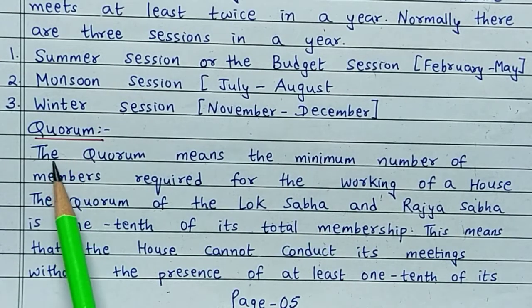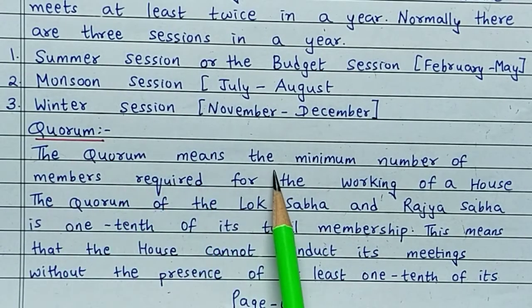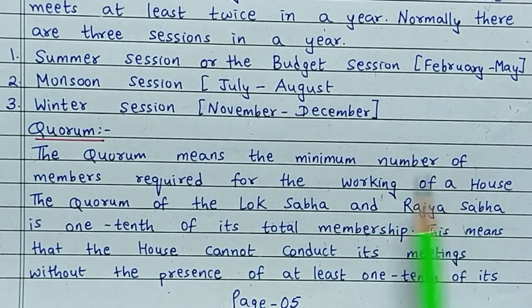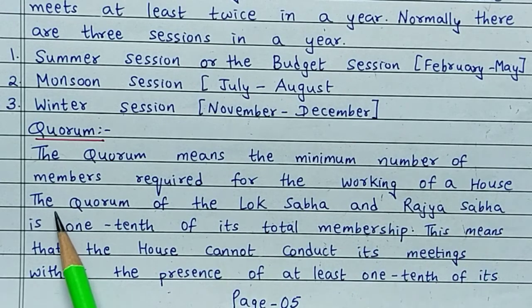Quorum. The quorum means the minimum number of members required for the working of a house. The quorum of the Lok Sabha and Rajya Sabha is 1/10 of its total membership.